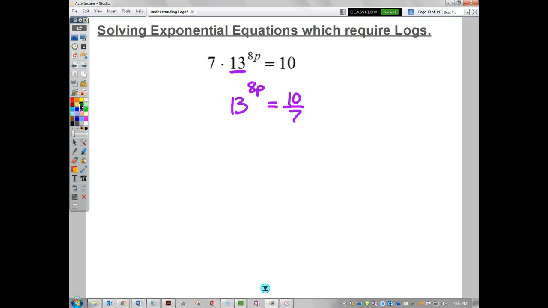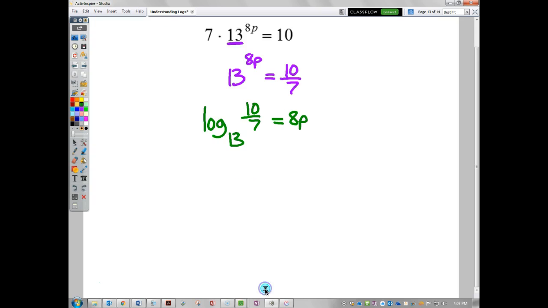All right, now the base is isolated. There's nothing else I can do in this form, so I need to switch to log form. So remember, the base is always the base. 13 will stay base 13. Skip a space, write your equal sign. 13 to the 8p power equals 10/7.